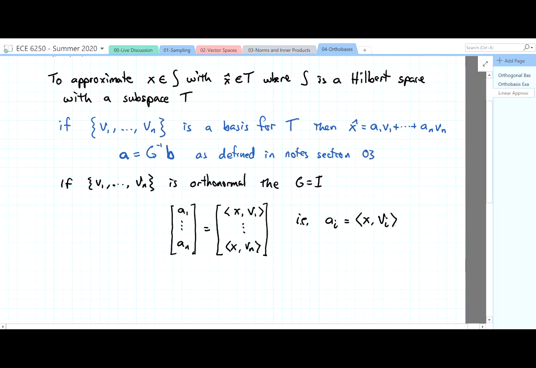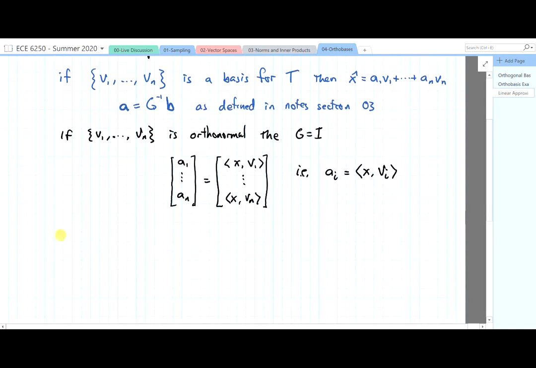Now this is what a lot of people remember from linear algebra. And it's true, but it's only true if you have an orthobasis. And I hate to say this, but I have been known on quizzes later in the semester to give you some basis and ask you to find the coefficients. And the basis is not an orthobasis, but people tend to automatically fall into this much easier idea that all you have to do is project your vector onto the basis and you have your solution.